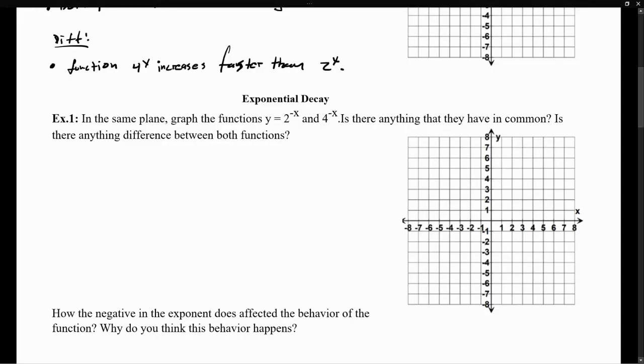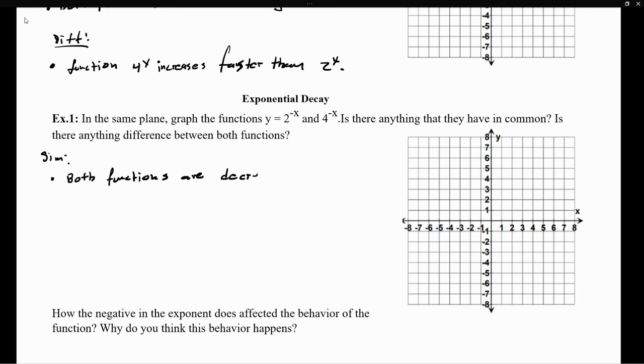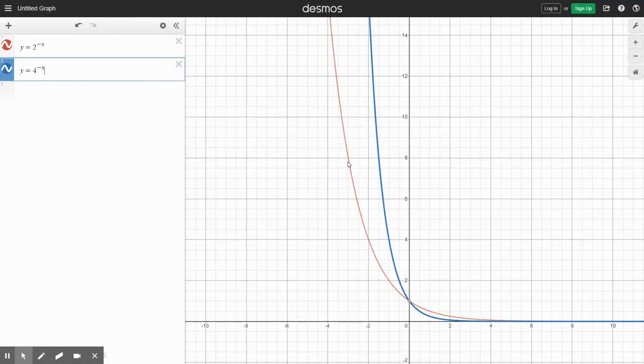are some similarities and some differences that both functions have? Well, for similarities, we already established that both functions are decreasing functions. Now, is there anything else that they have in common?